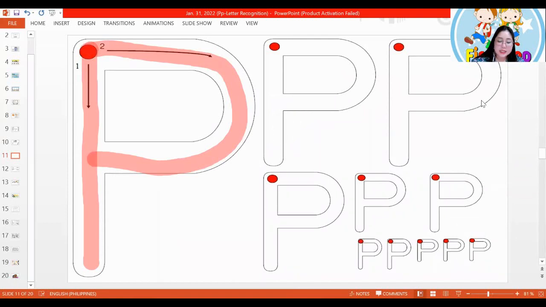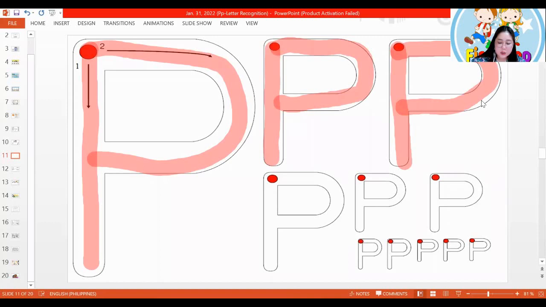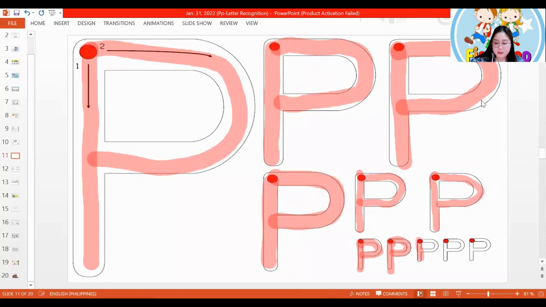And when you're tracing, make sure that you're tracing inside the lines as possible. And there is no need to trace very fast, okay? Because if you trace it very fast, your letter P might look very funny. So just make your letter P slowly.